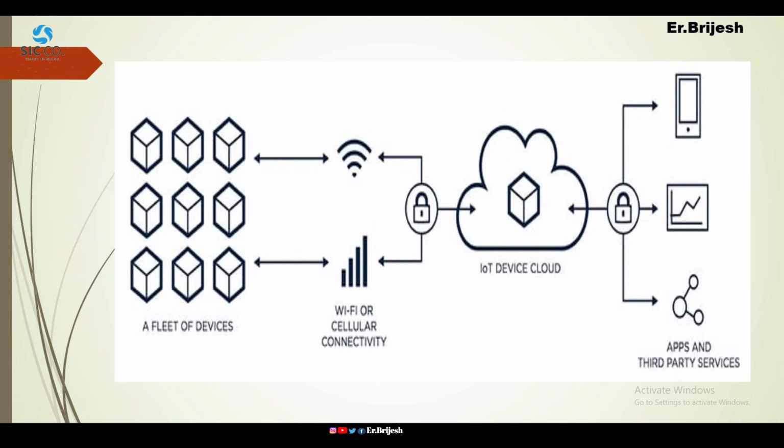Now the discussion comes to hardware. As you have learned about IoT platforms and the services they provide, now we will discuss IoT devices, that is, how to implement IoT. We will need a device, a microcontroller or microprocessor, to connect the system.